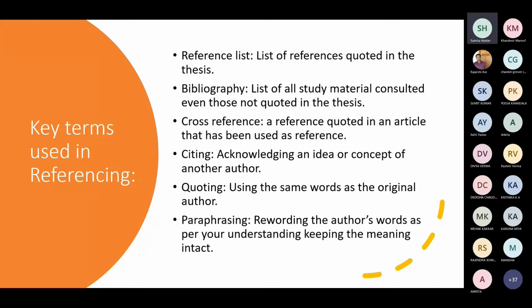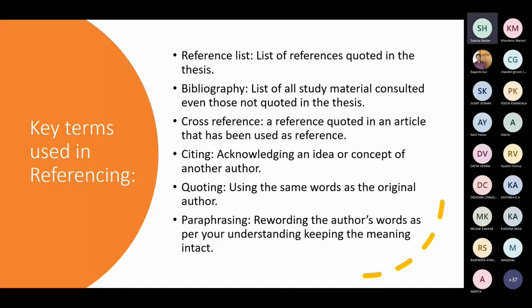Citing. What do you understand by citing? Citing means you are acknowledging the concept of some other researcher. When you're writing your review of literature or your introduction, citing means you are acknowledging the idea or concept of someone else, another researcher. When you're quoting, that means you're using the exact words of the author, and very often it is under inverted commas.